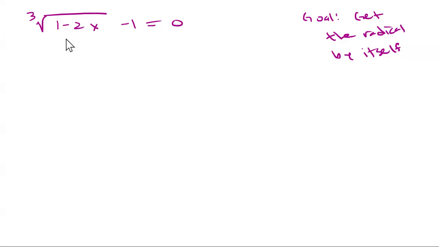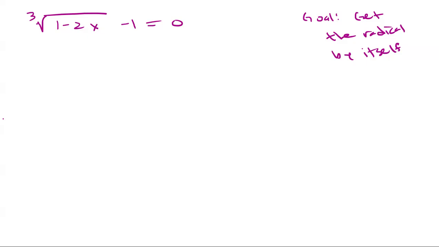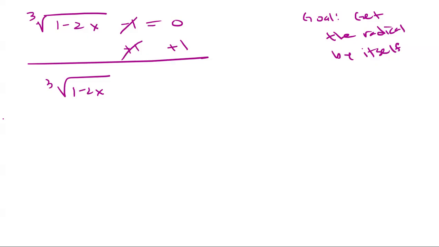If you can, try to get the radical by itself first. That's probably the easiest way to do it. All right, so in order to do that, notice that we have a -1, so we can add 1 to both sides. Then the -1 and the +1 cancel, and we have the cubic root of 1 minus 2x equals 1. Okay, so you have a cubic root, so that means we can cube both sides.